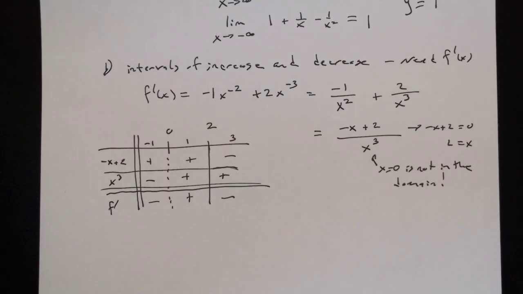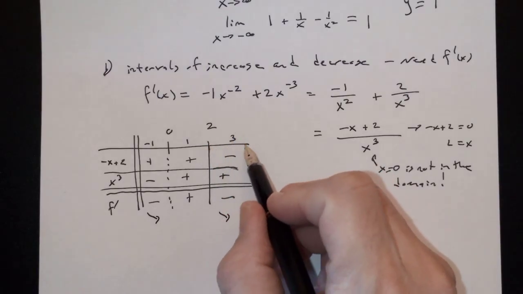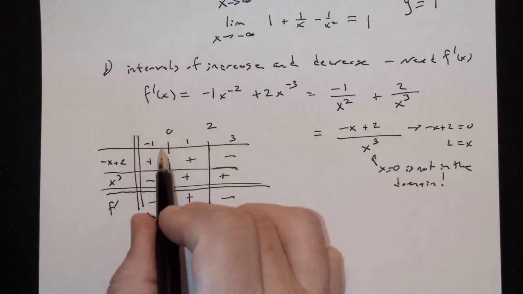So where am I decreasing? Those are points. I want an interval. So I think of, I'm decreasing wherever this is minus, right? So let's look at the section of the x-axis that I've got here.